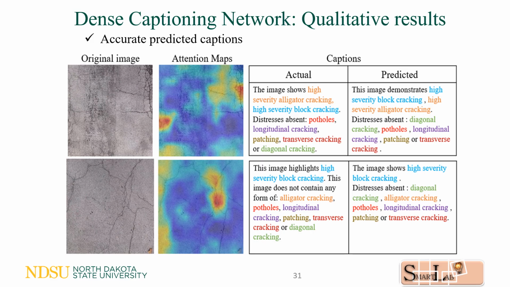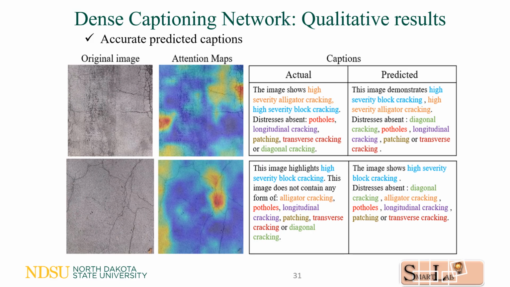You can see for the first row, our predictions are on spot with the ground truth caption. Our model is able to capture the high severity block cracking, the high severity alligator cracking, and also all the absent distresses in the original pavement image.